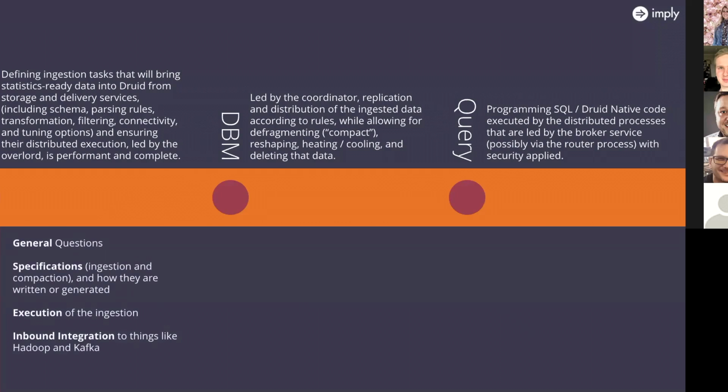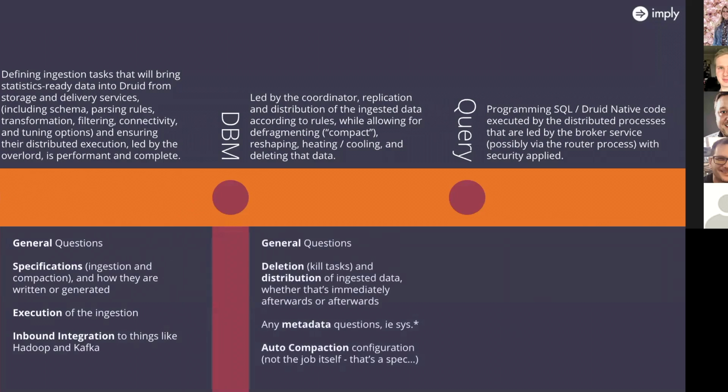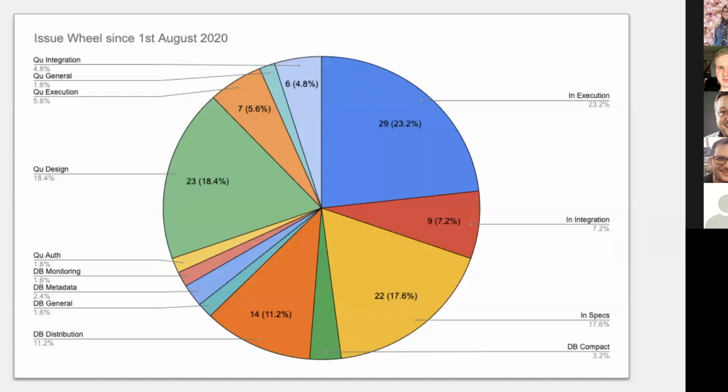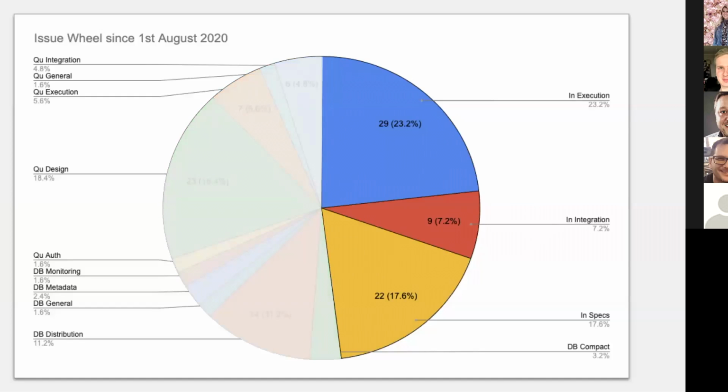Ingestion, we broke it down into people having problems writing the specs, people executing the ingestion, people having problems connecting to the, you can see where this is going, right? We really went down into detail. And when we did that, we found something interesting. Nearly half of the questions and problems that people face are to do with actual ingestion of data into Druid.